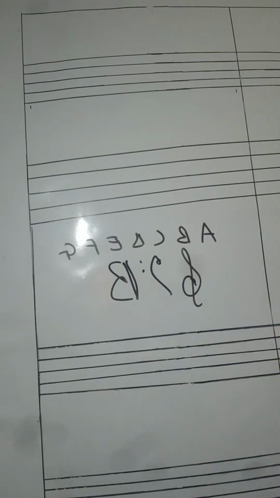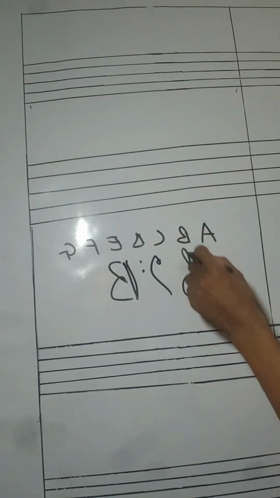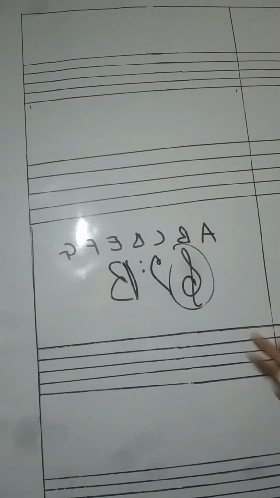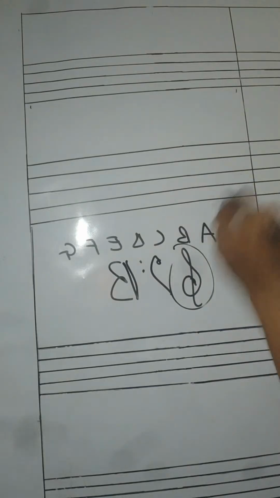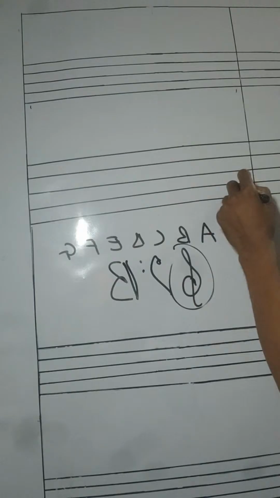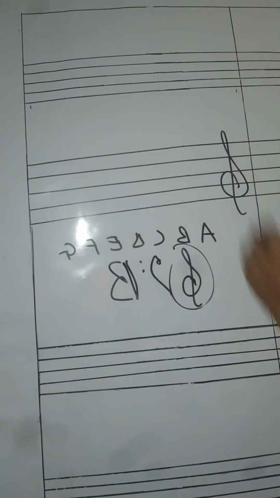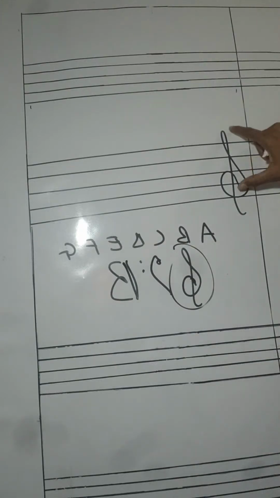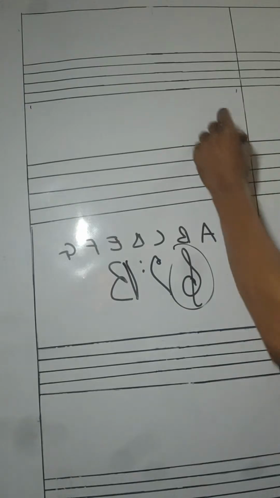Having known the 3 types of staff, we went on to establish the lines and spaces of each of these staffs. We said we have the treble staff, which is also called your G staff, or you can call it a G clef. And this symbol is called the clef.